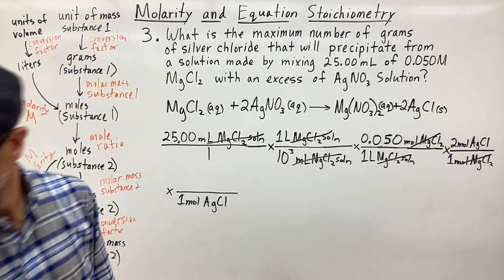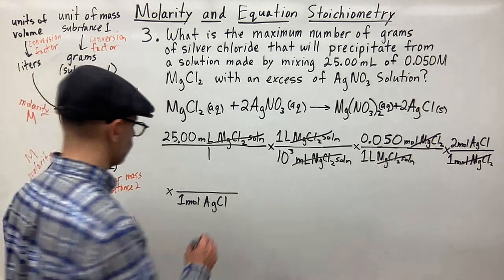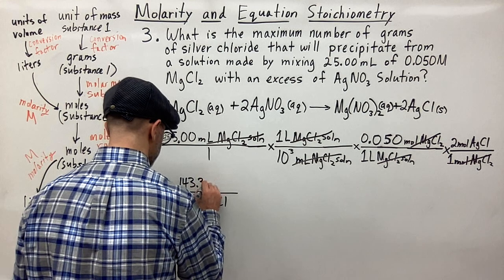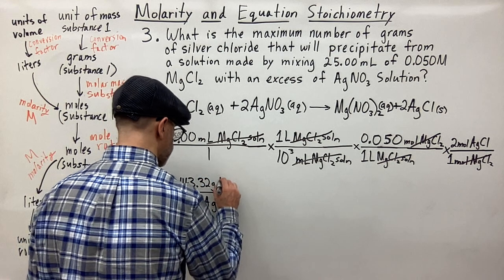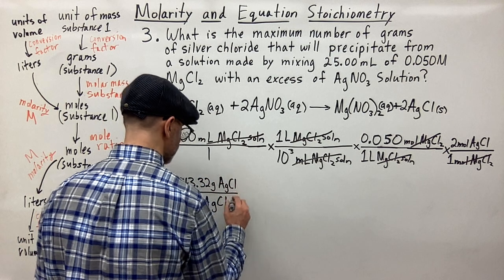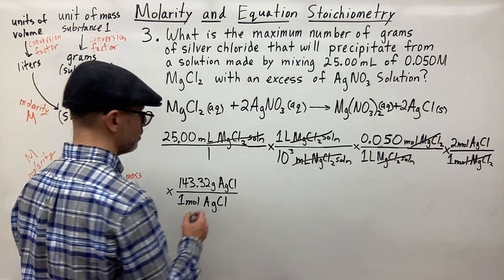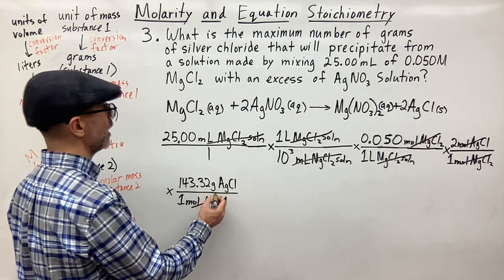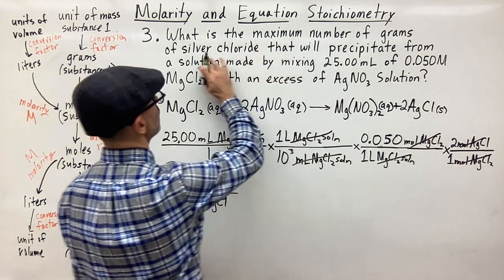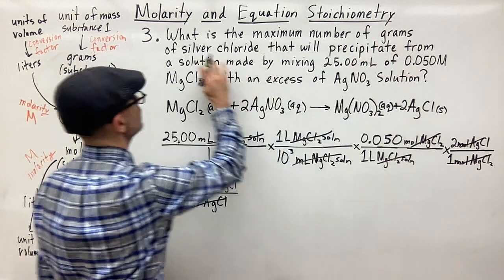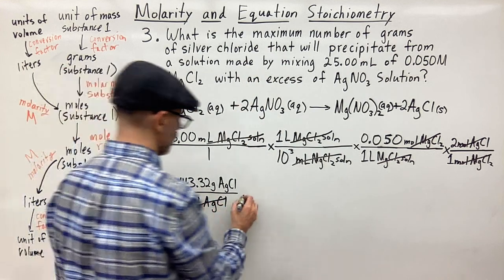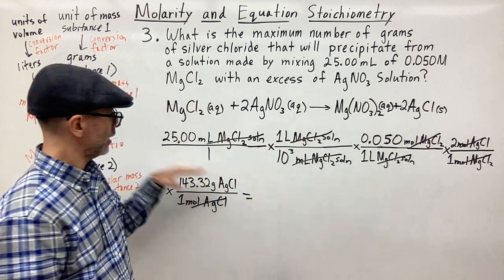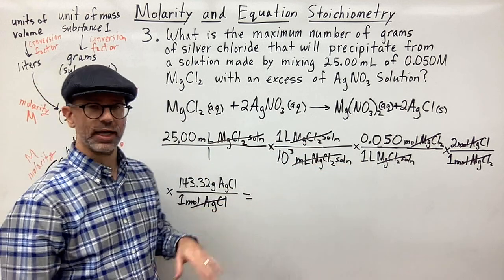And the 143.32 grams of AgCl on the top. So the moles of AgCl cancel out. Now I have grams. Grams is what they're asking for, grams of the silver chloride. So now all I need to do is multiply across the top and divide by everything on the bottom, and I get my answer.